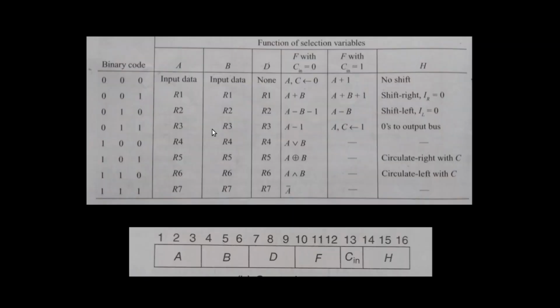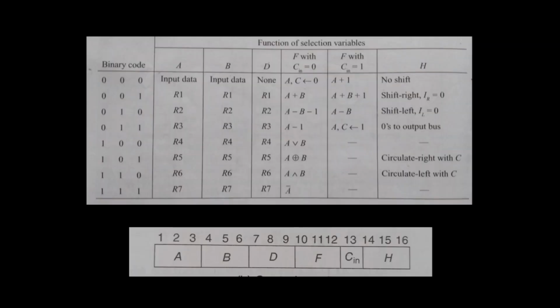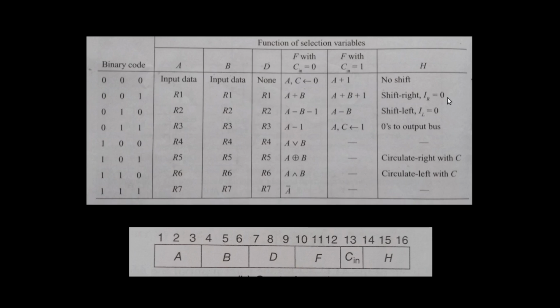Shift left R3 with IL equal to 0. How do we derive the control word corresponding to this one? Actually this is the operation, shift left or right, this one with IR equal to 0. This is 0 0 1.